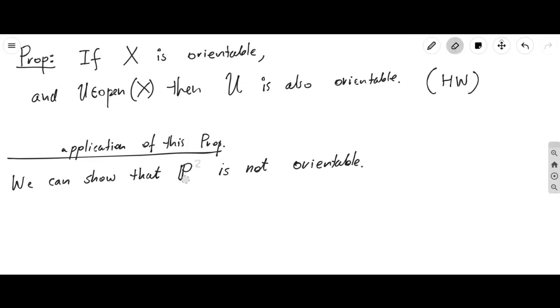Of course, intuitively, it makes sense why the projective plane is not orientable. When we visualize it in some kind of way, we only see one side.